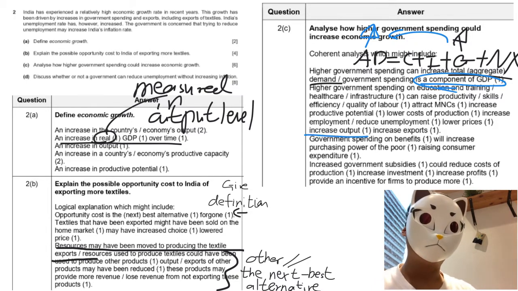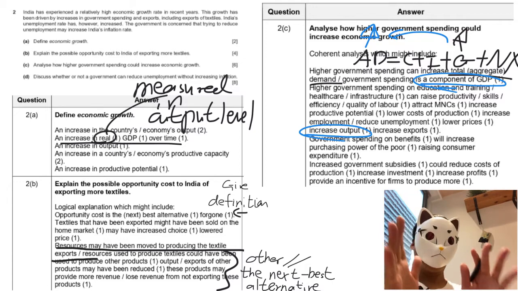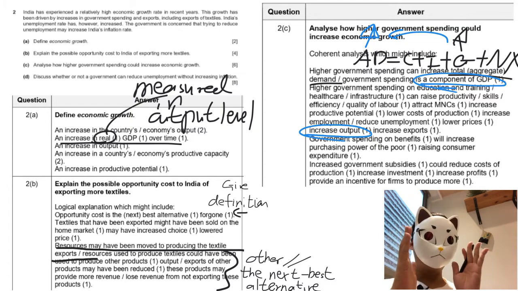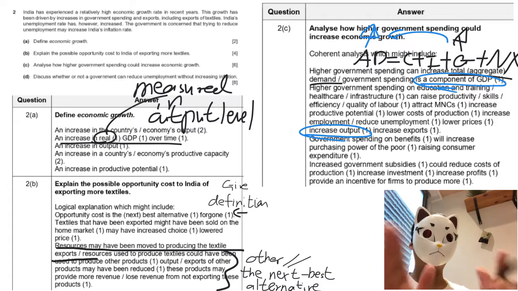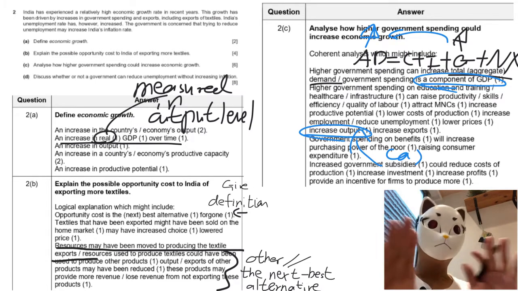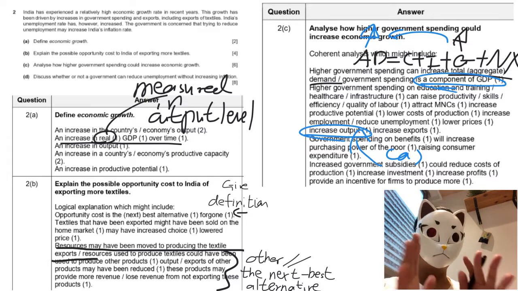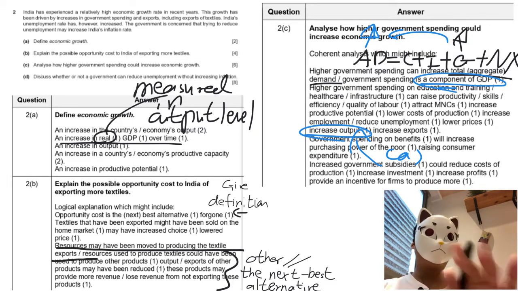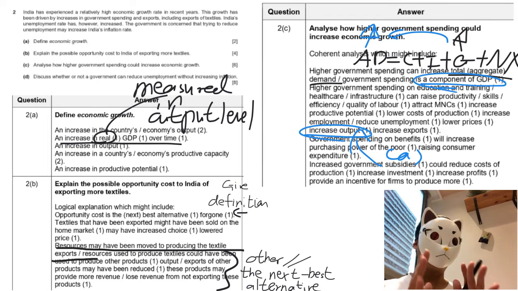For example, an increase in output, which is the definition from part A. So you have to refer to the definition from part A to do this one. Otherwise, if you just stop at the AD, the score will be very, very low.